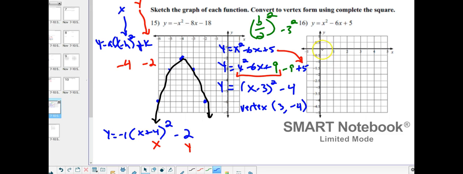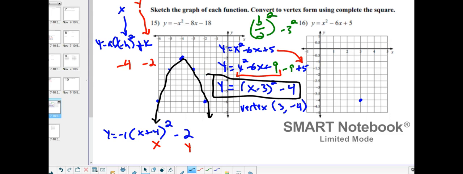Let's go ahead and find that over here. Let's go over to 3, down to 4, and that's where we're going to start this thing. And then from that point on, I've got the vertex form that I was supposed to. That's this right here.